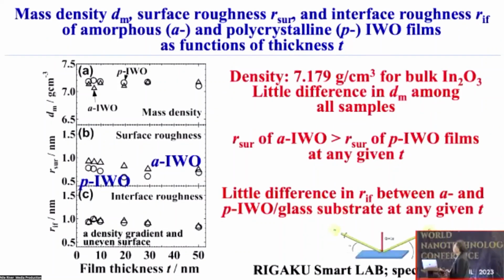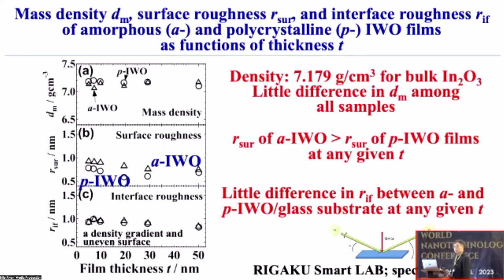And I'd like to show you the mass density, surface roughness, and interface roughness determined by the XRR technique. As you can see, for mass density and interface roughness, you find little difference between amorphous and polycrystalline IWO films, regardless of the film thickness.